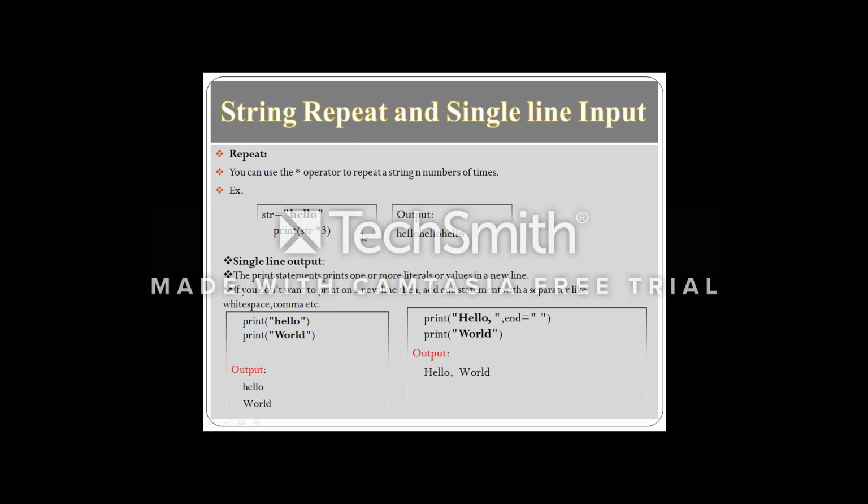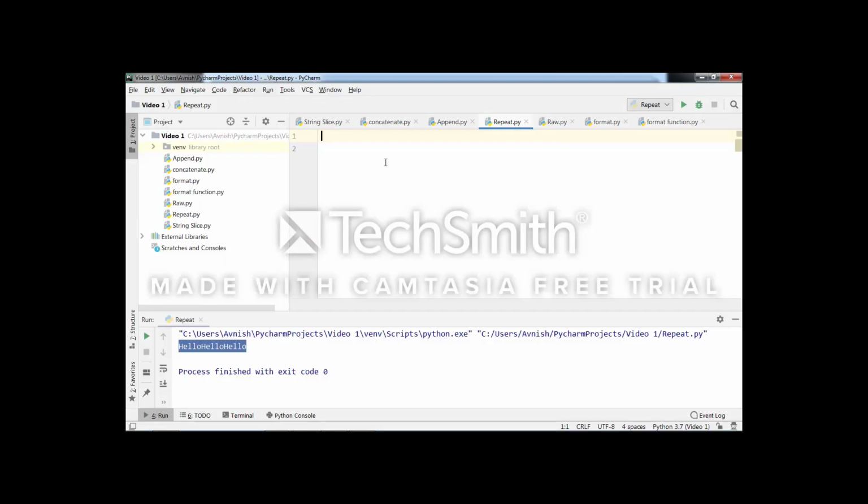Now next, single line output. The print statement prints one or more literals or values on a new line. If you don't want to print a new line, then add the end parameter with a separator like white space or comma. Consider that example on our console. Suppose I want to print hello and world.